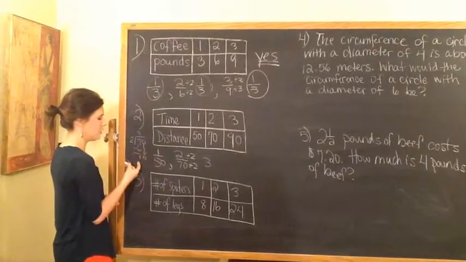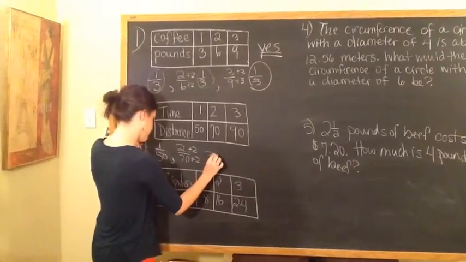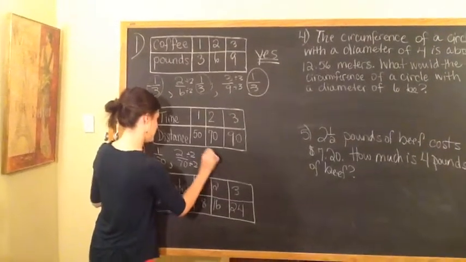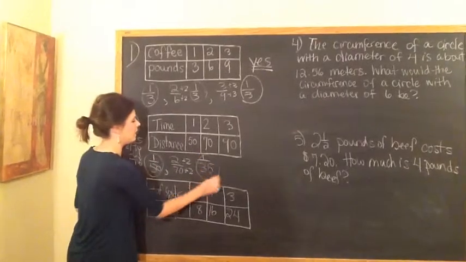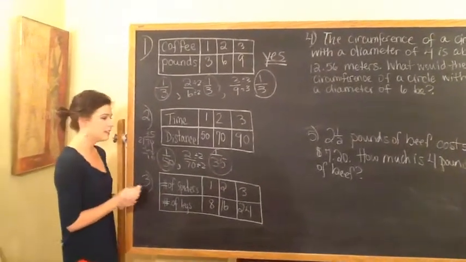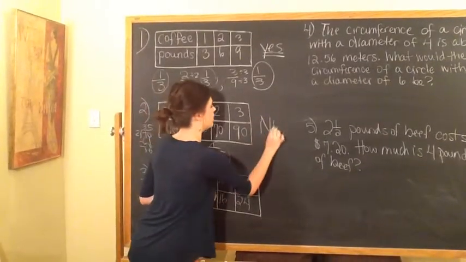Bring down your 0. How many times does 2 go into 10? 5 times. So it goes in 35 times, so we have 1 over 35. Right here I see we have 1 over 50 and 1 over 35, and since our unit rate is not the same, we would say that they are not proportional.